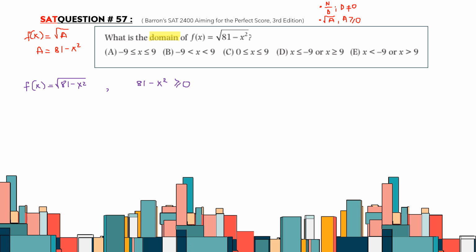We noted that 81 is 9 squared. So 81 minus x squared is 9 squared minus x squared. If we remember the formula a squared minus b squared equals a minus b times a plus b, this will be 9 minus x times 9 plus x.